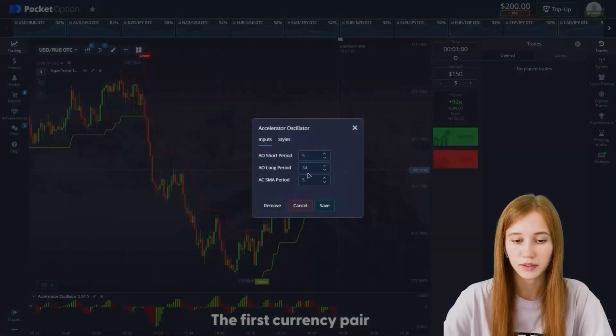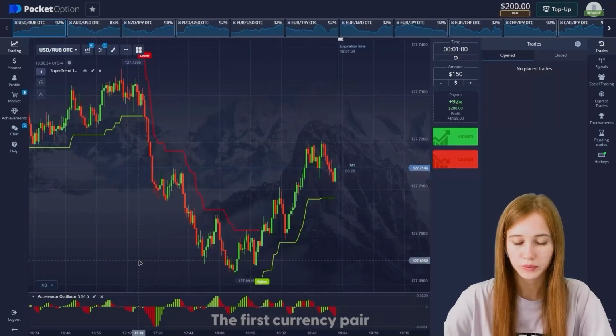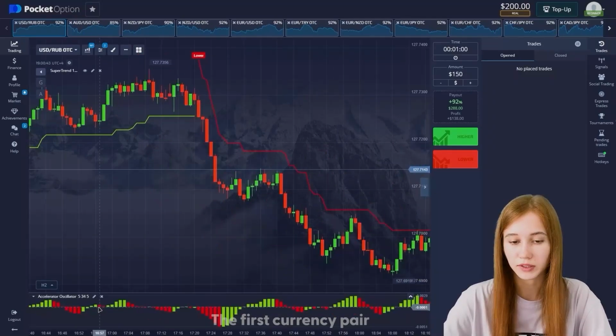So the second one, oscillator, you can see the settings, so how it works. We only need two consecutive confirming bars to open a trade.